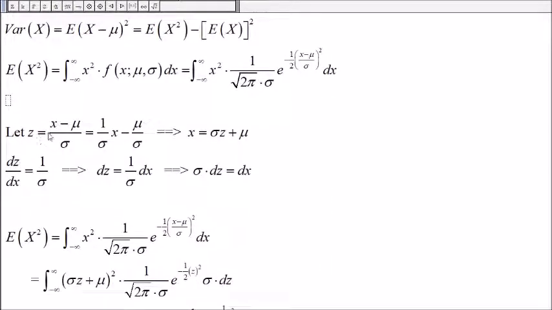Let z be (x minus mu) over sigma. From here, solve for x: we get x to be sigma times z plus mu.